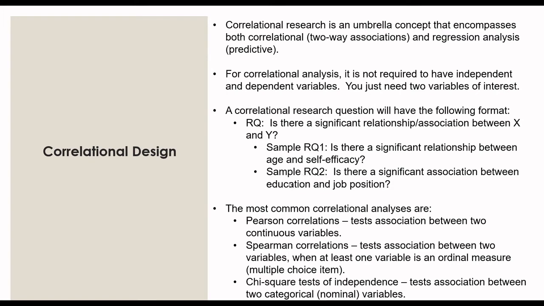It's not numeric. Definitively, it's a categorical variable, and job position is also categorical. So you could run a chi-square test of independence to test the association between two categorical or nominal variables.